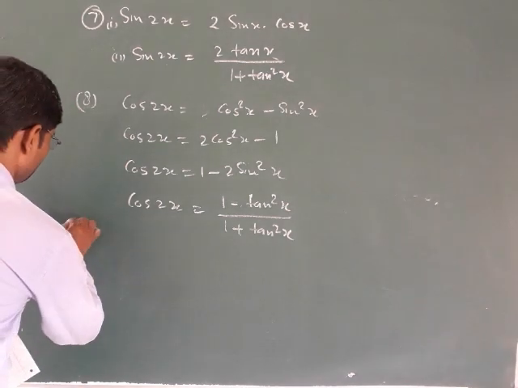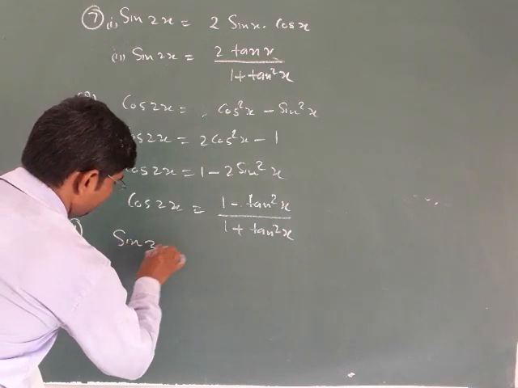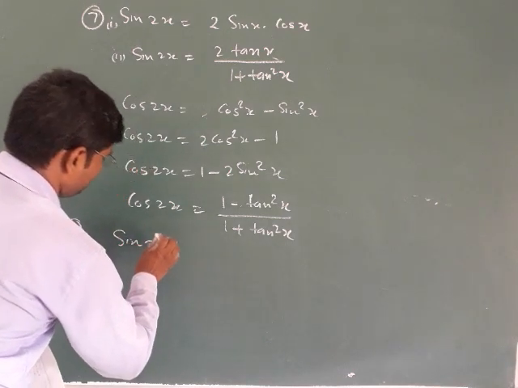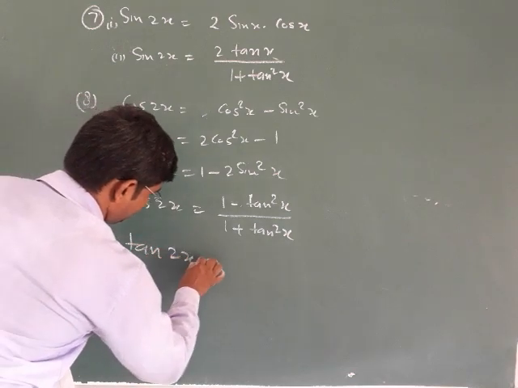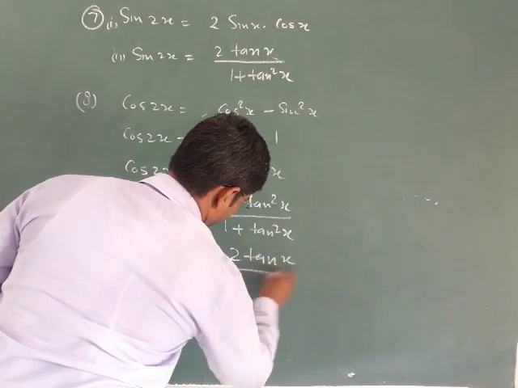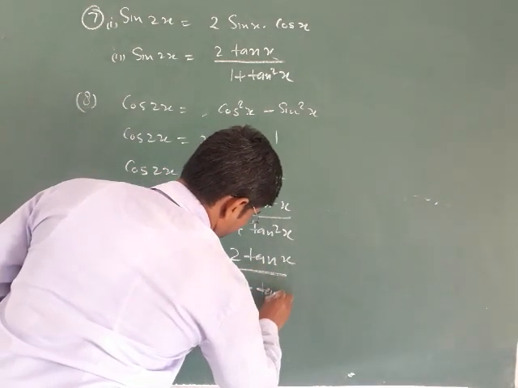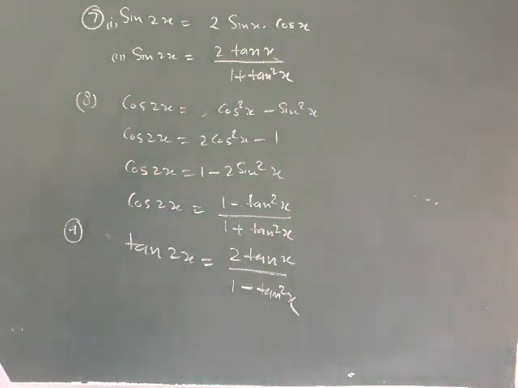And also tan 2x is equal to 2 tan x upon 1 minus tan square x.